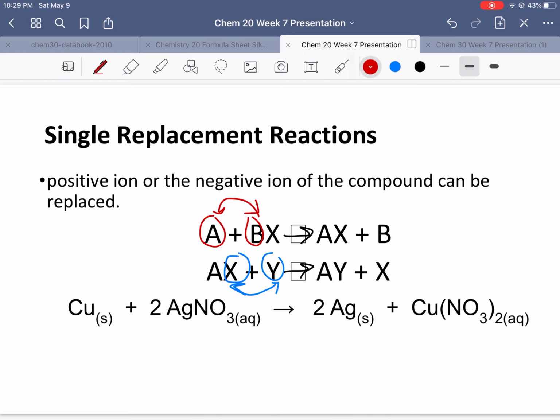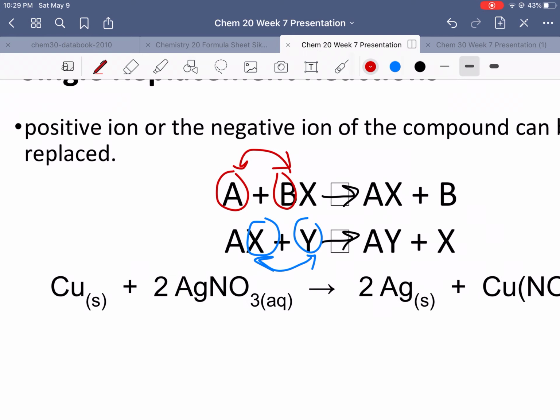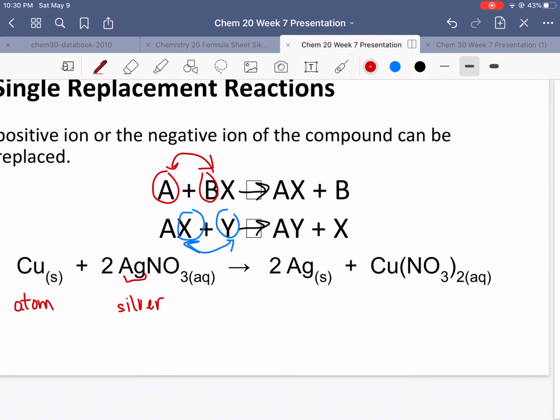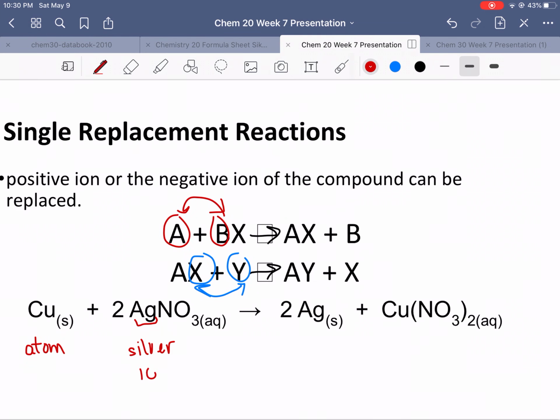Notice though, right, when copper is here, this is a metal atom. This silver that's in the compound, this is a silver ion, right? That's very different. And when it gets kicked out by itself, it is no longer a silver ion. It has now become silver metal. Huge difference. And this is why it's a reaction.